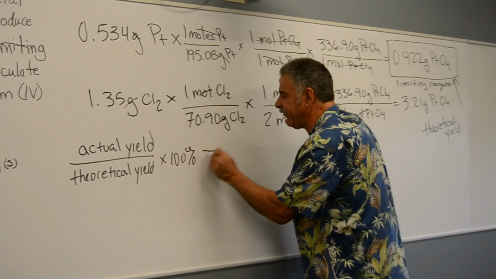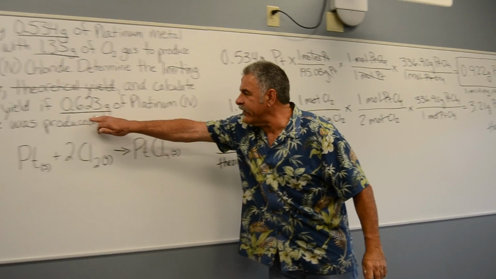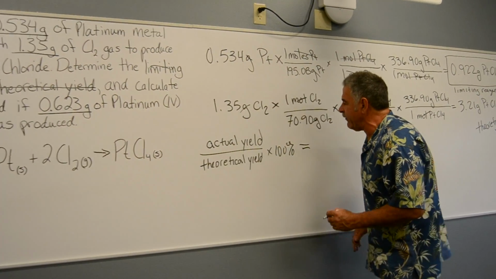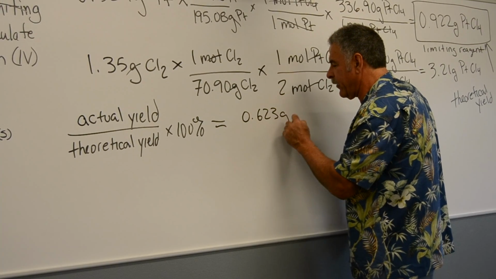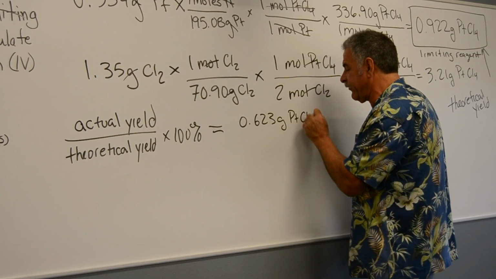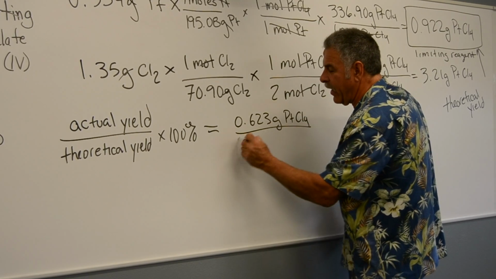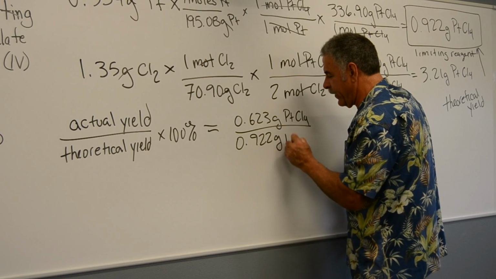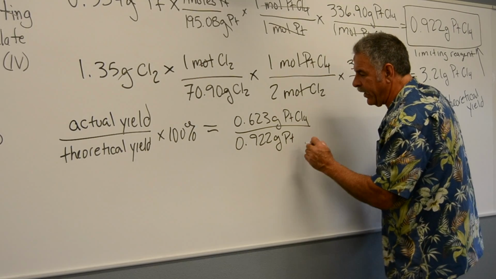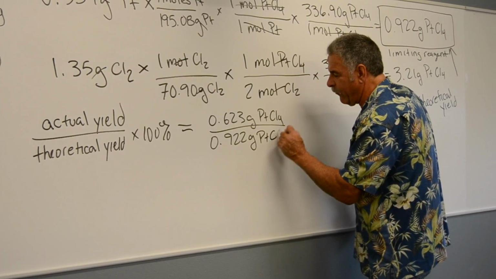So in this case, we come back to our problem and we see 0.623 grams was our actual yield of platinum 4 chloride. And our theoretical yield from the limiting reagent of platinum makes 0.922 grams of platinum 4 chloride.